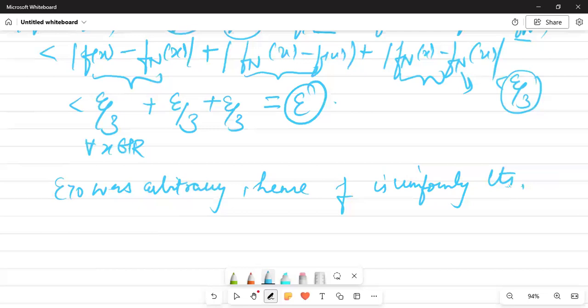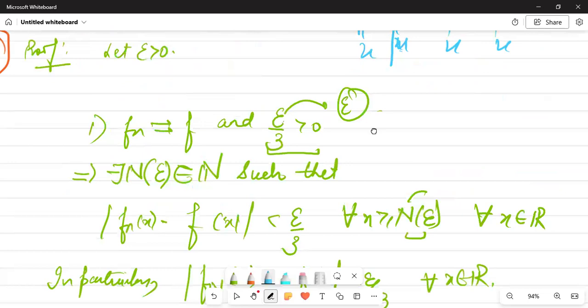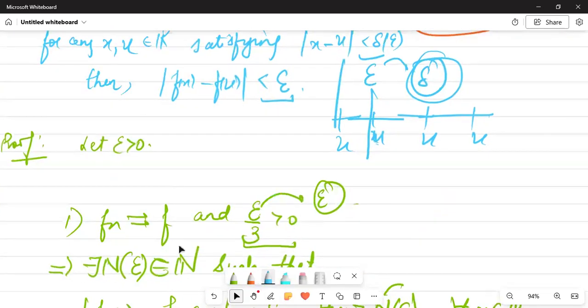Since our epsilon was arbitrary, if we had chosen some other epsilon, right now if we had chosen 0.5, usually epsilon is very small, and if we take 0.005, 0.007, since epsilon is just a symbol here, it doesn't have any value, that means it is arbitrary.